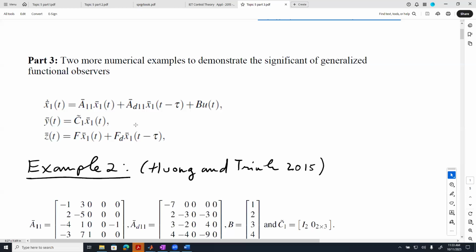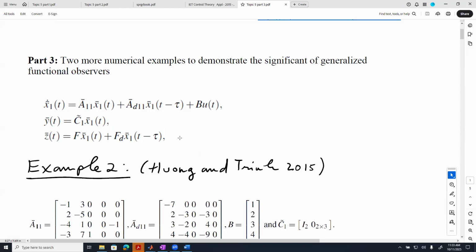We are always used to the idea that the observer should be low order, but there are situations if we insist that we want a particular specific structure, and in here, this additional delay term in this generalized functional really can help us to relax the existing conditions.